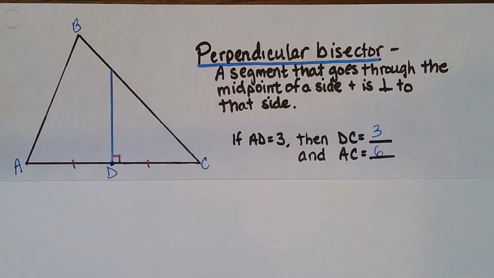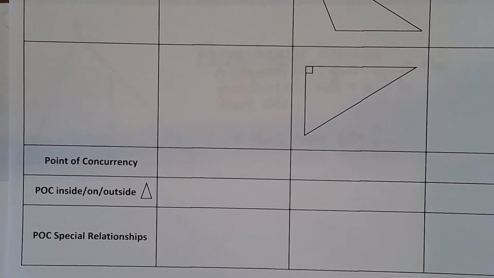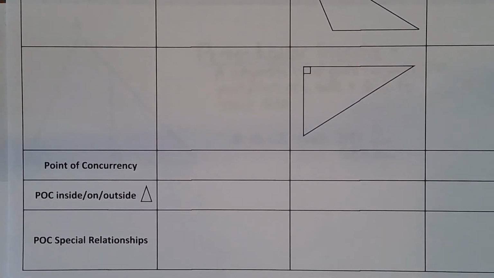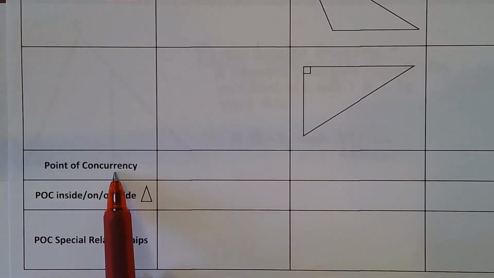Now, you'll see in your chart, it says point of concurrency, right? So we're looking for point of concurrency. Point of concurrency means this is the point where 3 lines meet, all right? This is the point where we're going to draw in multiple lines. This is the point where those lines meet.